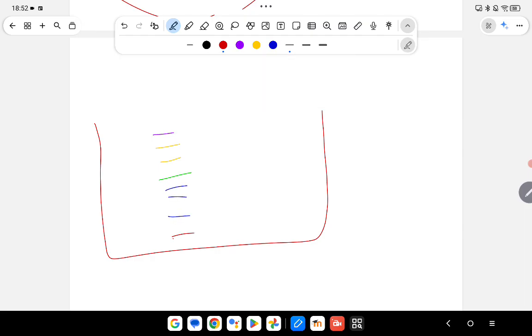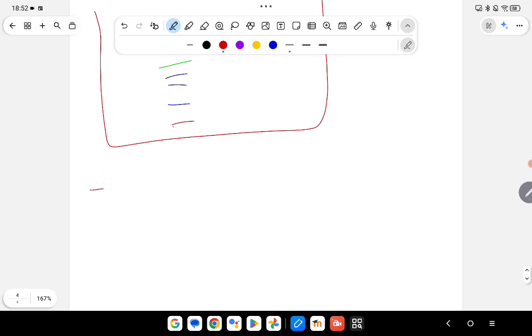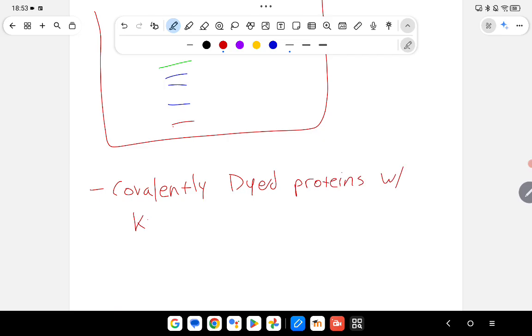So the kaleidoscope is made up of covalently dyed proteins with known masses.